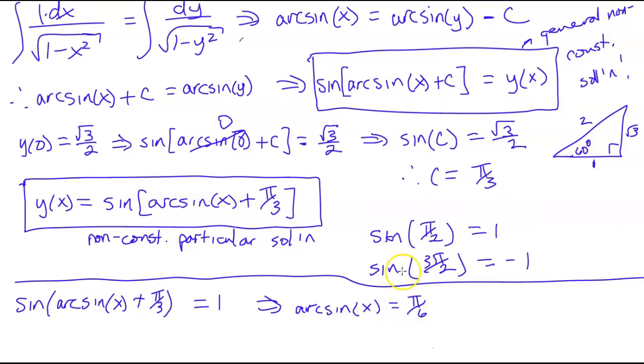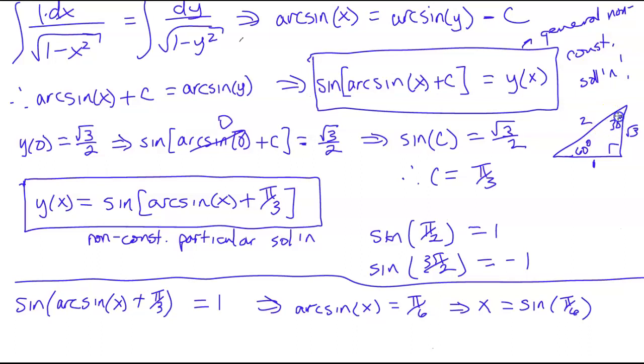Okay. And so another way of saying that, if I did the sine of both sides here, I would say this is the same as saying sine of arcsine of x, which is just x, is the same as just saying sine of pi over 6. And of course, pi over 6 is 30 degrees.